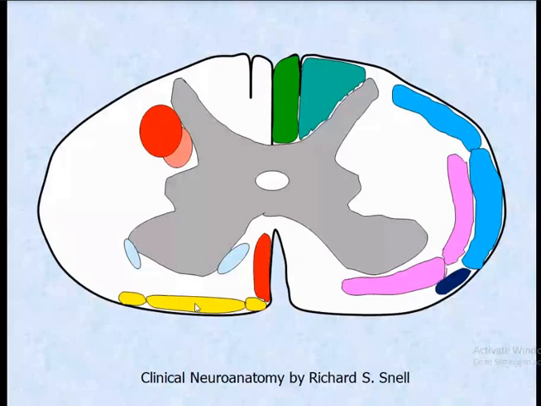Vestibulospinal. Okay. So ventral and lateral vestibulospinal tract is present within this part only. And this one. Olivospinal. This is olivospinal tract.